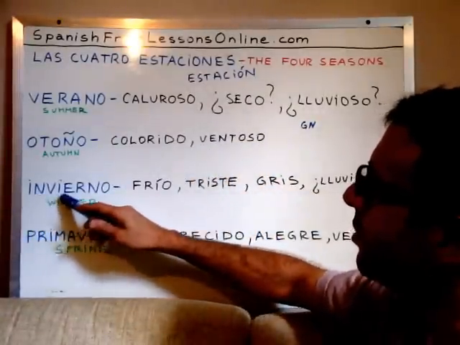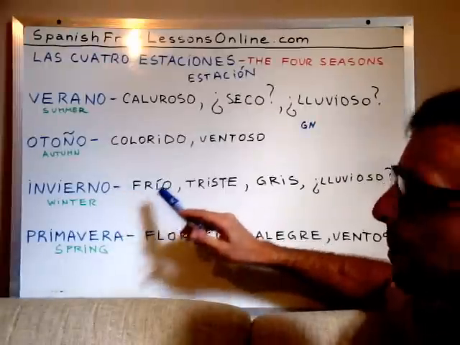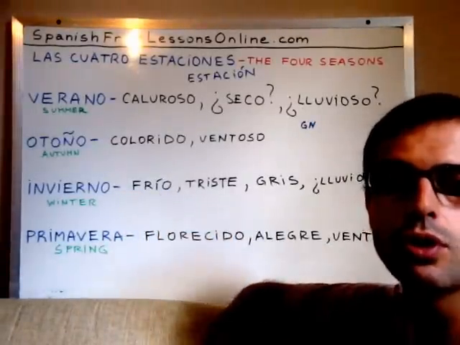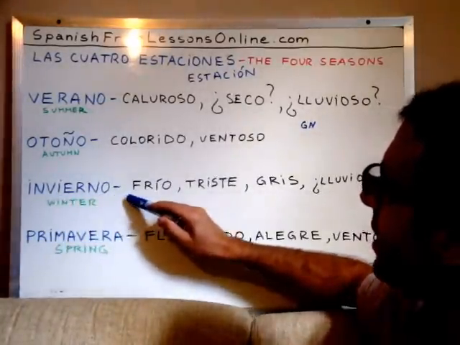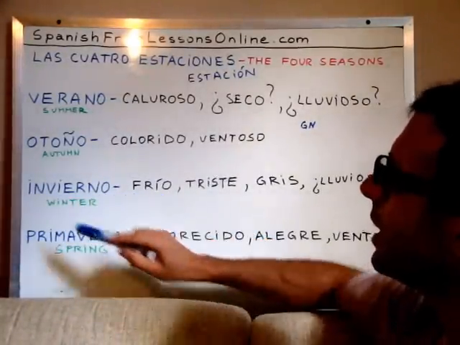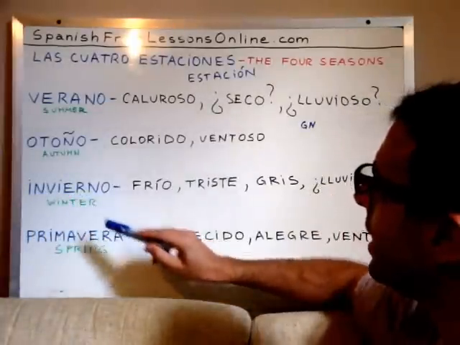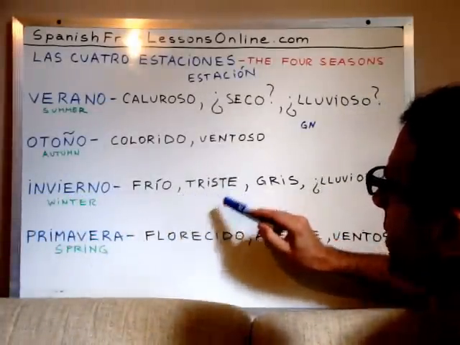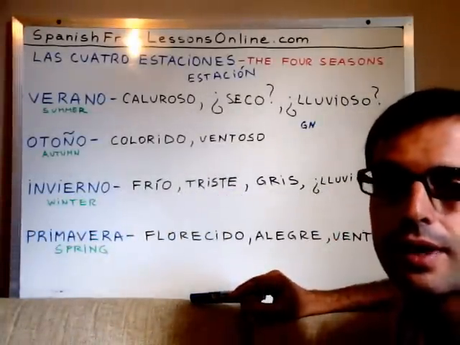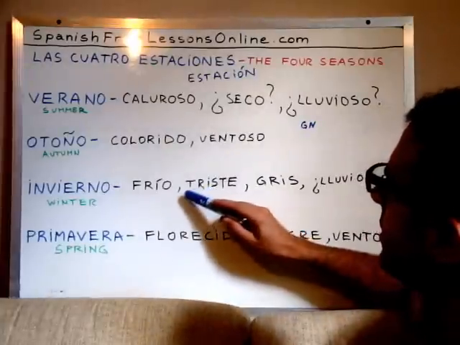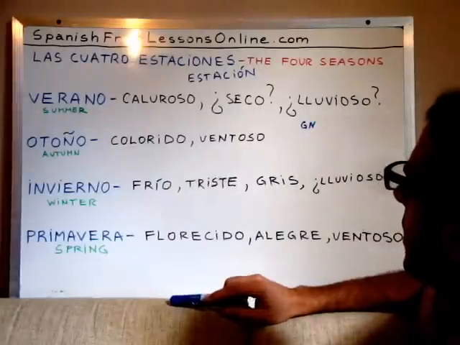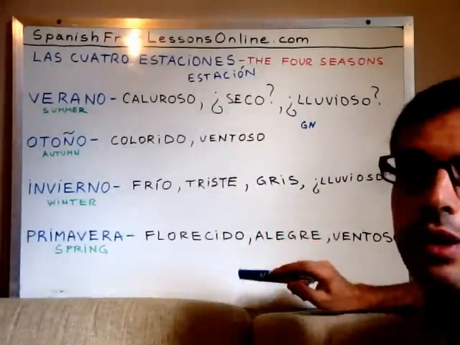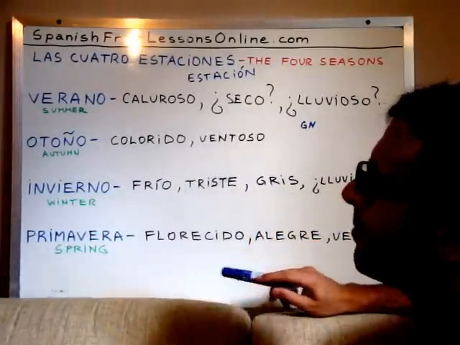El invierno es frío. Frío means cold. Or el invierno es triste. Triste means sad. Triste, two syllables. Gris means gray, the color gray.